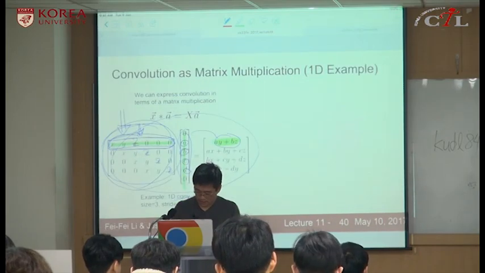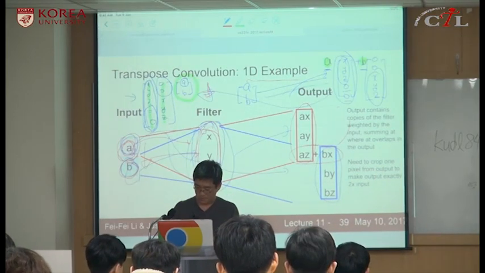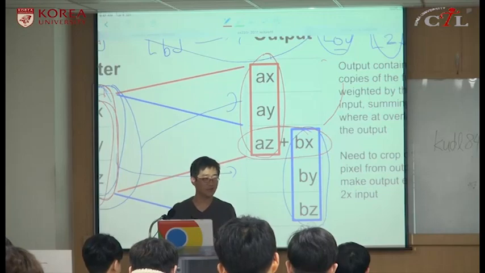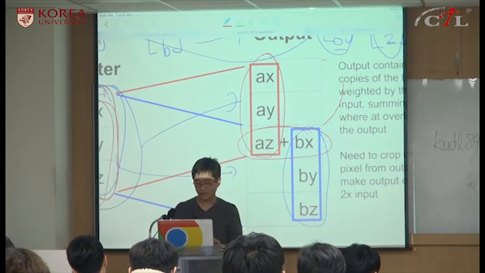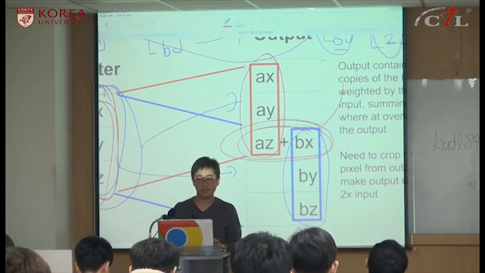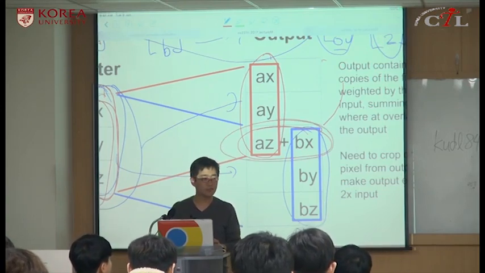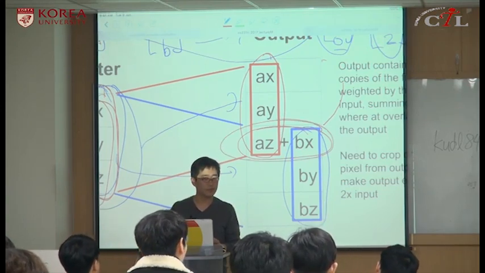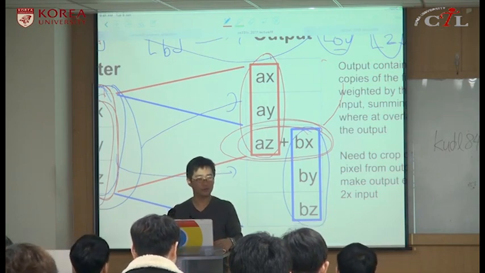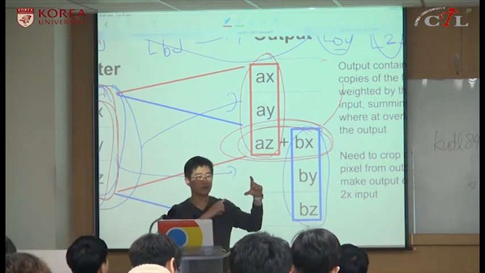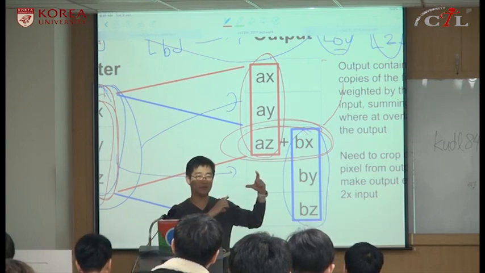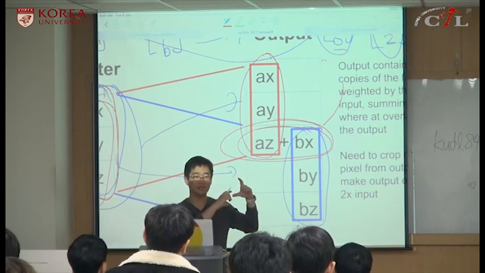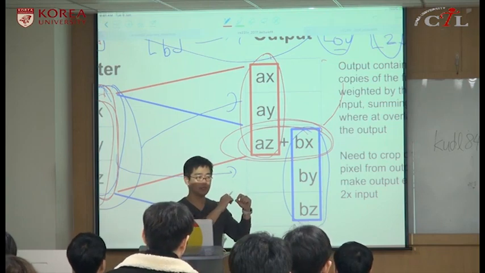Then next I want to discuss something called the checkerboard effect of this deconvolution. So in this particular case, as you can see, we see some kind of an overlap between these two scalar multiples of our filters, right? So if our step size is strictly less than the filter size, then we inevitably have the overlapping parts, right?